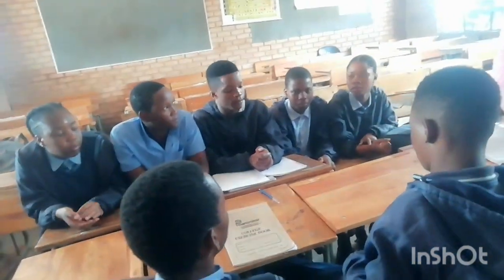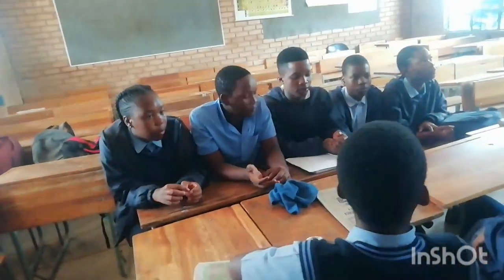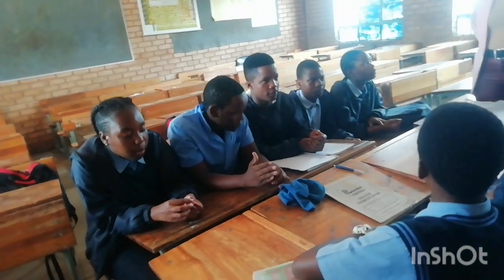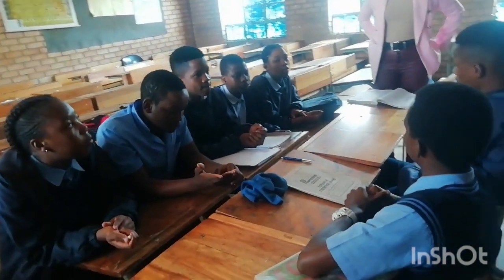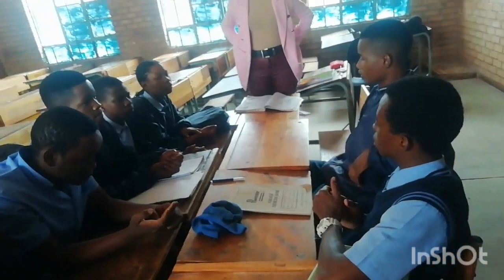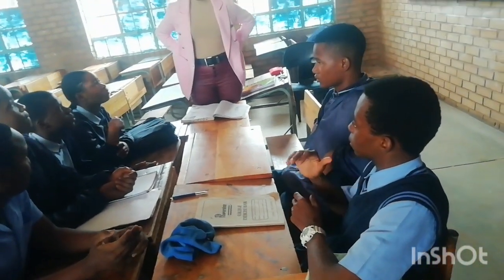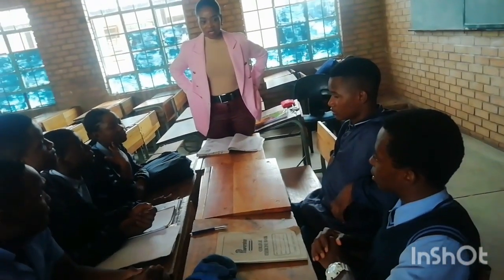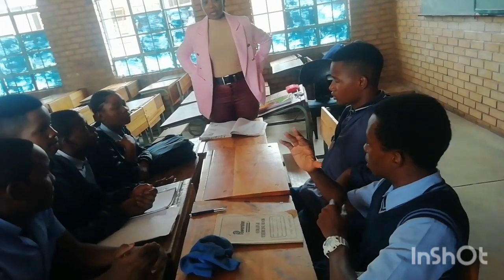Okay. Can you tell me the functions of those organs? What are the organs of those cells? Tell me all the organs in the animal cell and the organs in the plant cell.